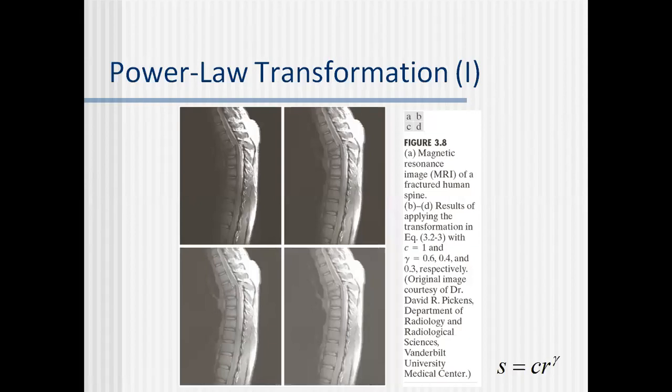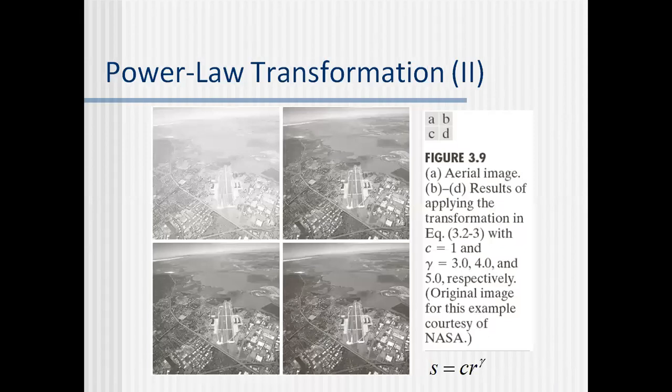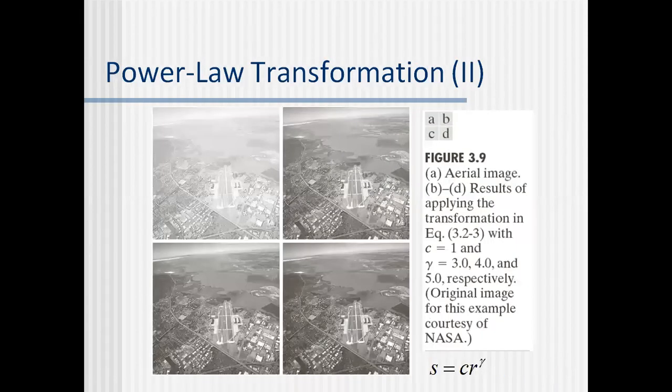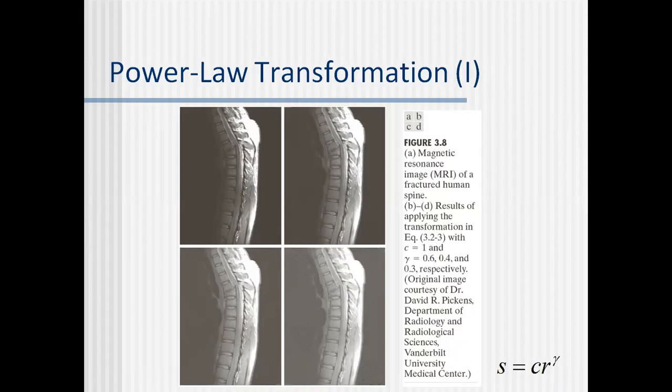This is also some other example, taking c equal to 1, the arbitrary constant, and gamma equal to 0.6, 0.4 and 0.3. This one is an MRI scan, where MRI is magnetic resonance imaging.